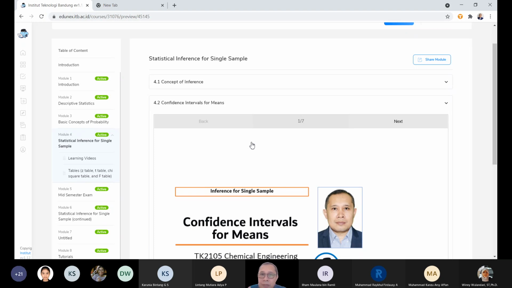When this number is assigned to a population, then we say population average or population mean. That is one example of a population parameter. When that rata-rata is calculated for a single sample, that's called a sample mean or sample average, and that is one example of a sample statistic. Ya, parameter populasi, statistik sampel.